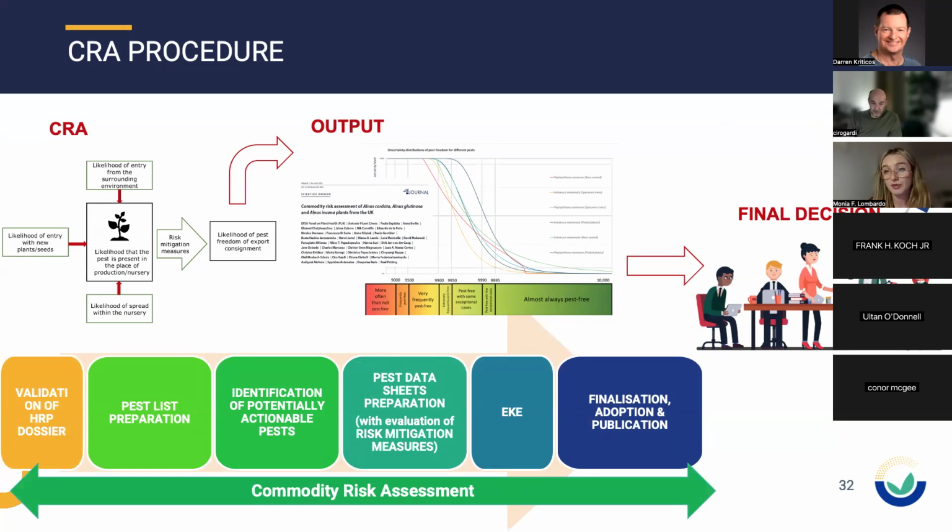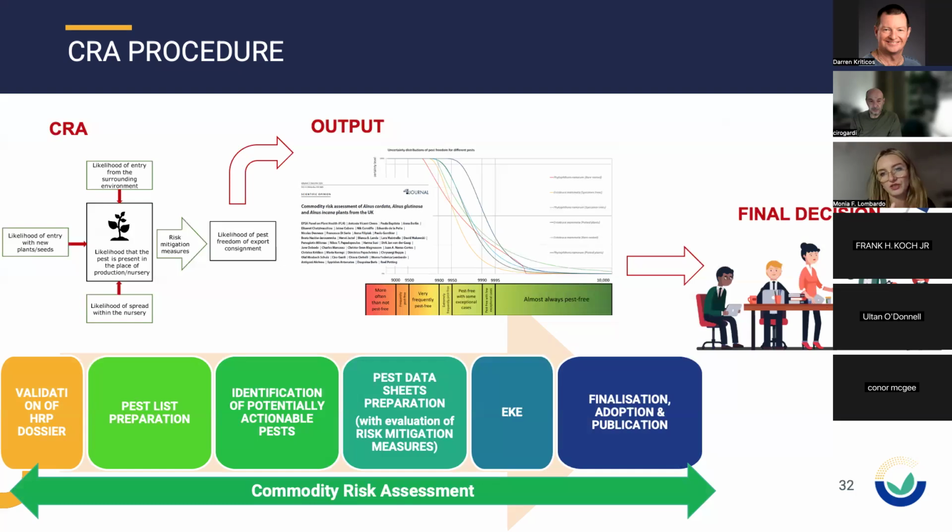And this process is repeated for each selected pest considered to pose a potential risk. And finally, the overall result is expressed quantitatively, as from the EKE, providing an estimate of the likelihood of pest freedom.